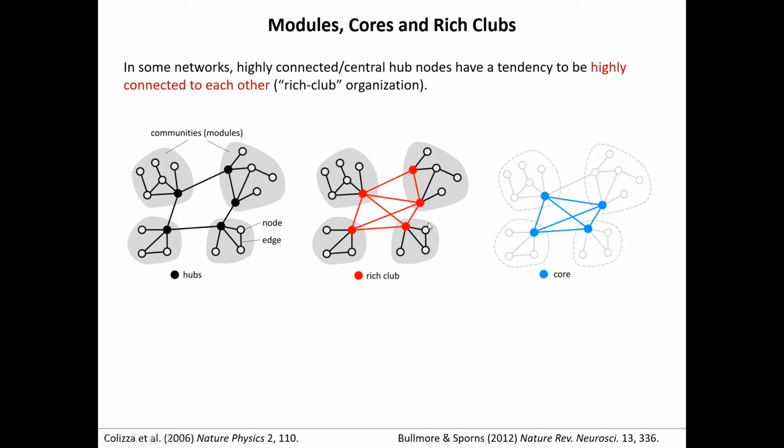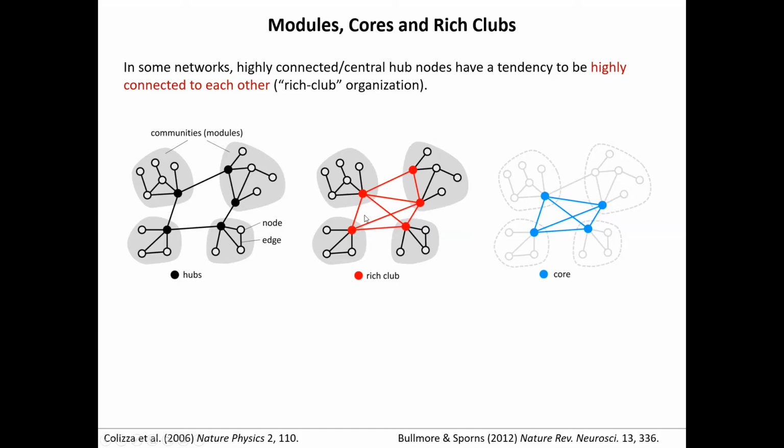But here's one in the middle where we've added a few more connections to connect these hubs more directly with each other. And that takes this organization to a new level in some ways, because now these hubs can freely exchange information amongst each other. Each of them has access to their own community, and each of them also has access to the community of hubs, which combines highly processed, highly integrated information from different communities together.